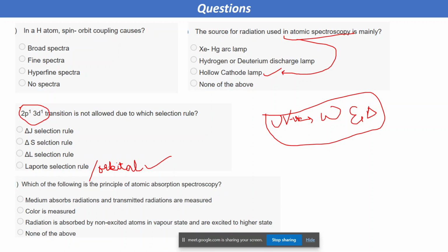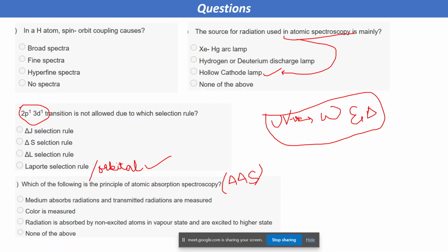Just remember that. Now, which of the following is the principle of AAS? For atomic absorption spectroscopy, you can abbreviate it as AAS. So what's the principle? Medium absorbs radiations and transmitted radiations are measured. Color is measured. Radiation is absorbed by the non-excited atoms in the vapor state and are excited to a higher state.